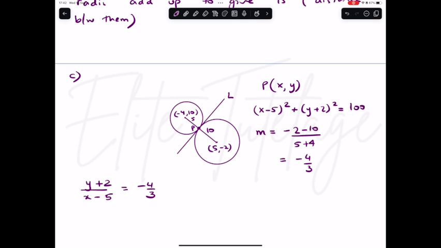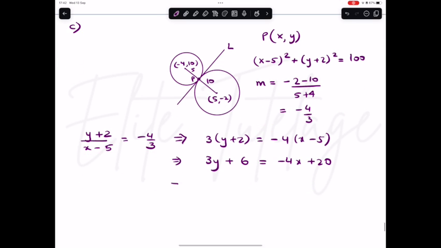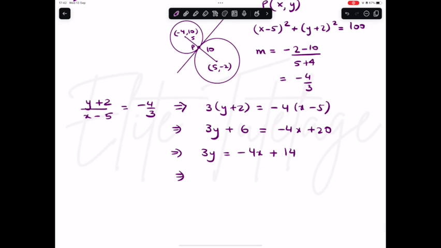So here I have another equation in terms of x and y, and if I simplify this, with perhaps x or y as the subject, I can simply put this in the equation of one of the circles and solve it simultaneously. So I'm going to go ahead and do that.